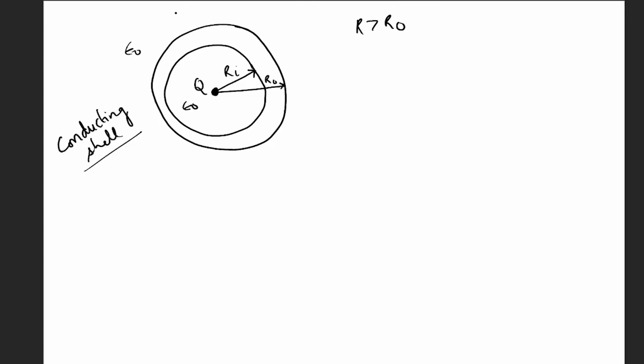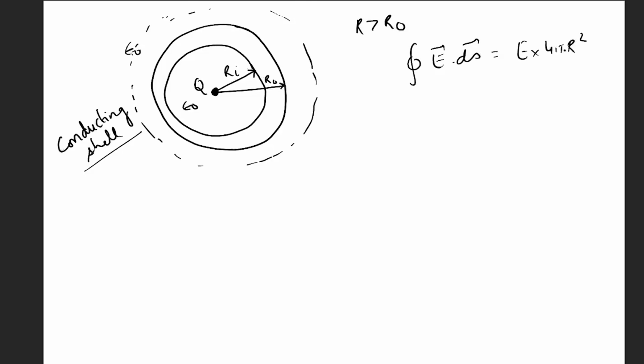Since there is spherical symmetry, we can make a Gaussian spherical surface which is going to enclose this whole shell, and from that we can easily find that the integral of E dot ds is simply E times 4 pi r square, equal to the charge enclosed.